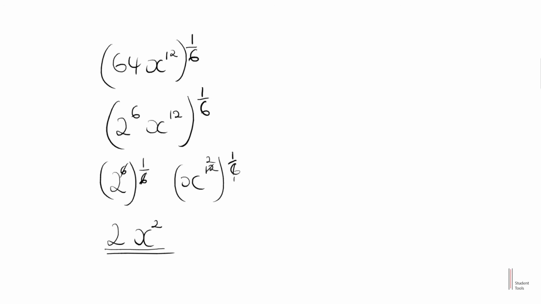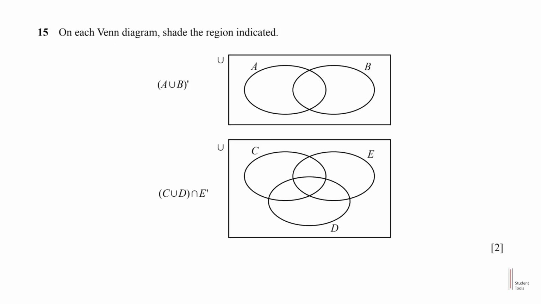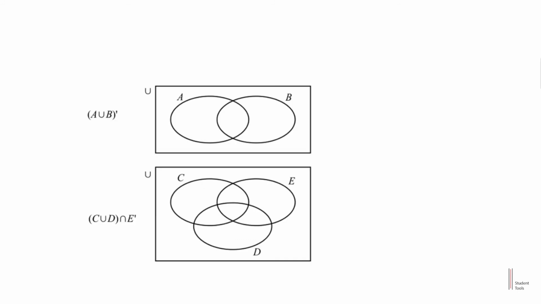Okay, so we move on to question 15. Question 15. On each Venn diagram, shade the region indicated. So on the first one, we are supposed to shade not A union B. So A union B is this one.